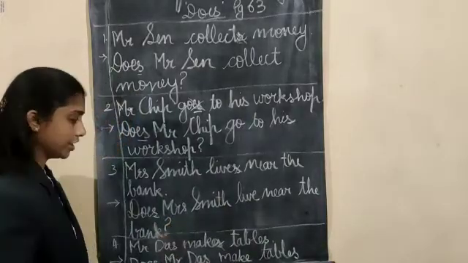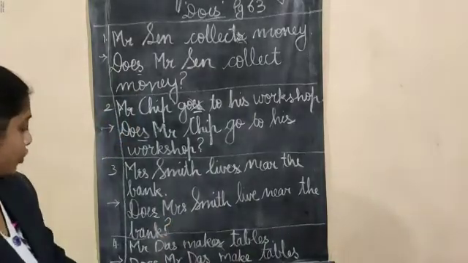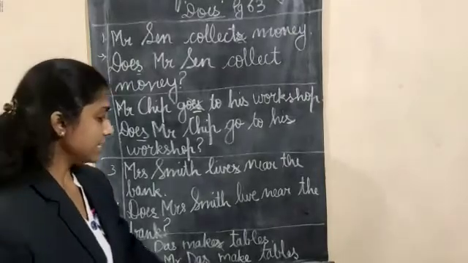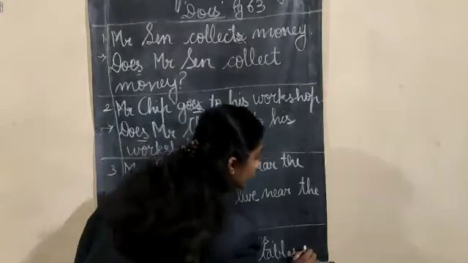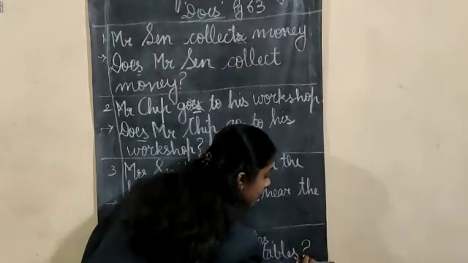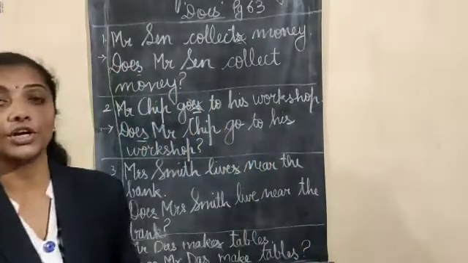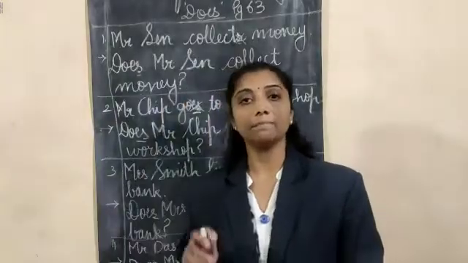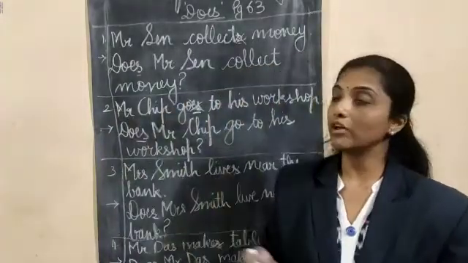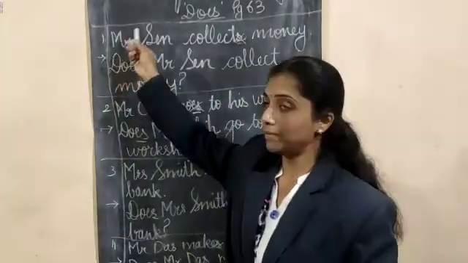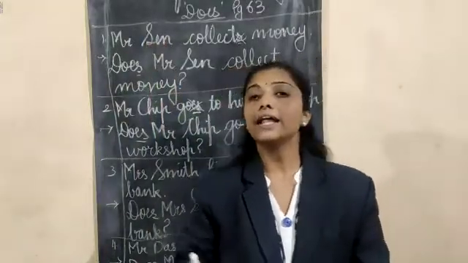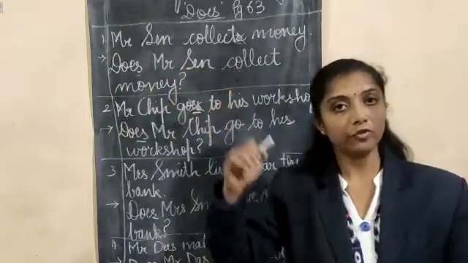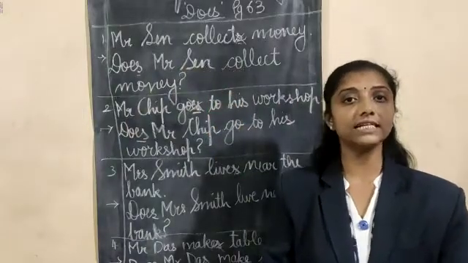It is a question. Fourth one, does Mr. Das make tables? This is also a question. So we end the questions with a question mark. So children, always remember that punctuations are very, very necessary. Begin with a capital letter, end the questions with a question mark, and end the sentences with a full stop. Is it clear, children?